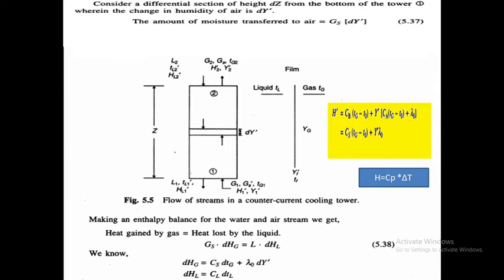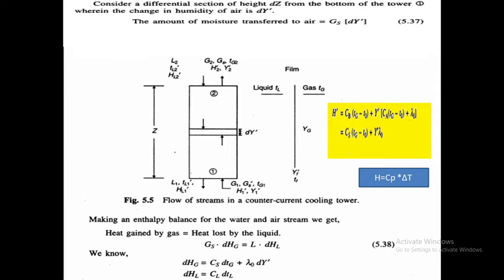So here GS into enthalpy change dHg. dH is the change in enthalpy. For gases dHg, G denotes gas, that is equal to heat lost by the liquid. So the liquid flow rate is L into dHl. dH is the change in enthalpy, dHl, L refers to the liquid. Are you clear or not?